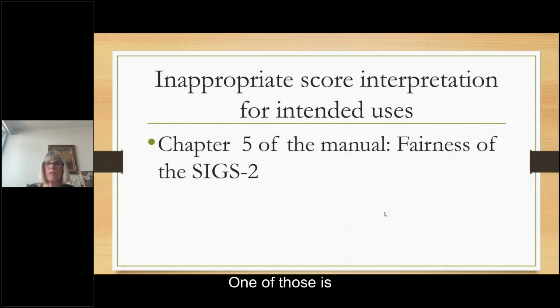One of those is don't average scores. Another is there's no composite score. Use the scales as standalone. If you instead average scores, then that would be inappropriate. And you're not using that score, and you're not interpreting it for the intended use of the rating scale. So you really need to think about what it is that you're trying to do, what you want to use it for, what information you want from it, and make sure you adhere to the instructions of the scale.